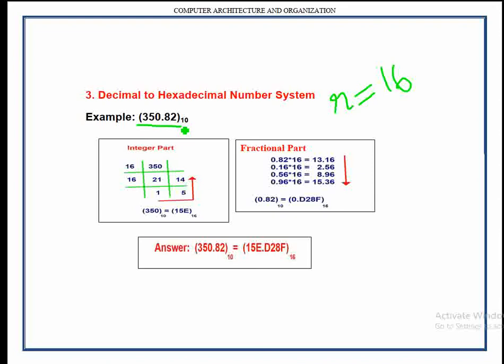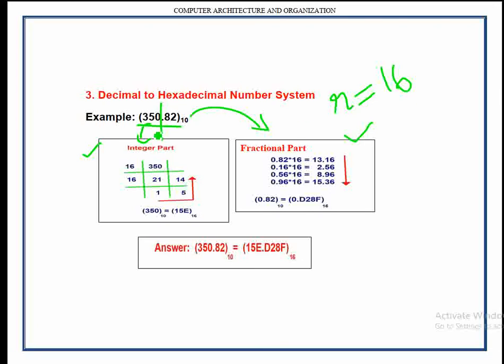We have to separate the given decimal number into two parts: one is the integer part and the other is the fractional part. After separating, we have to handle them separately. On the integer part we perform successive division by r, that is, division by 16.